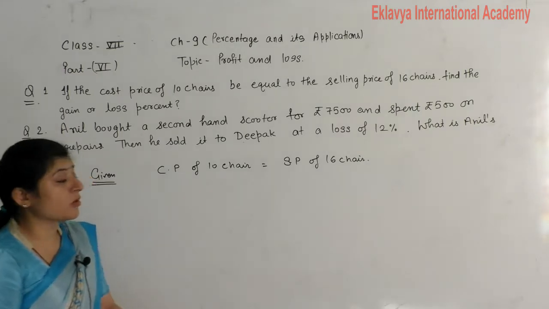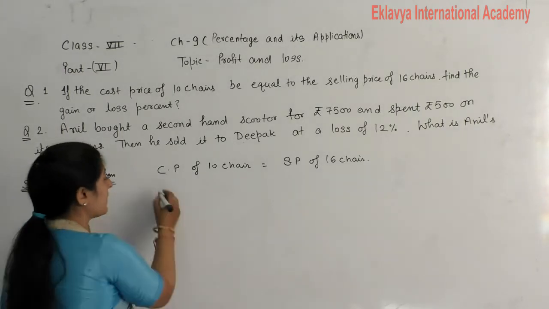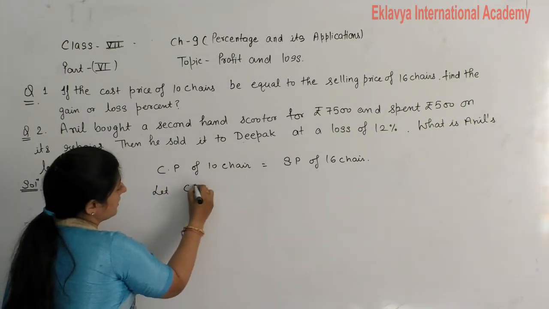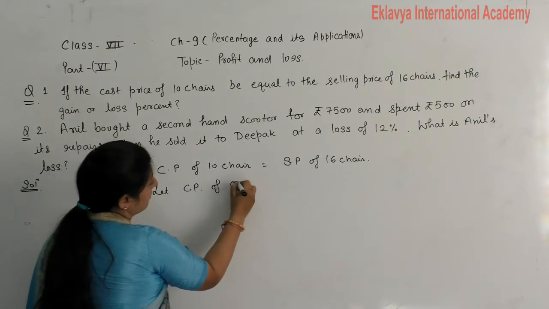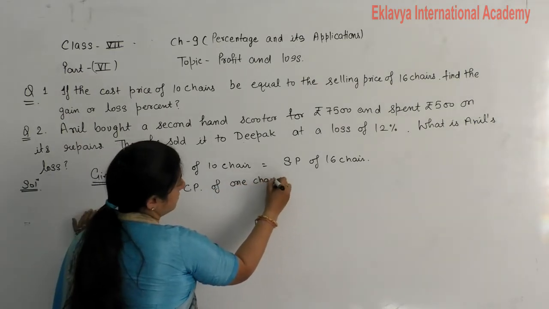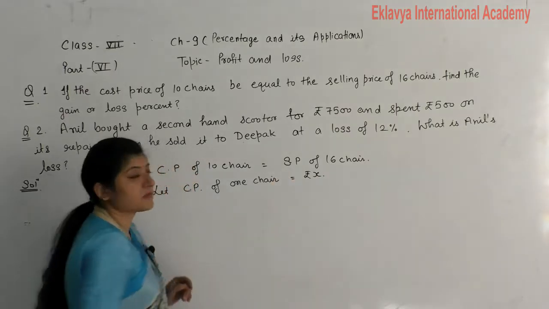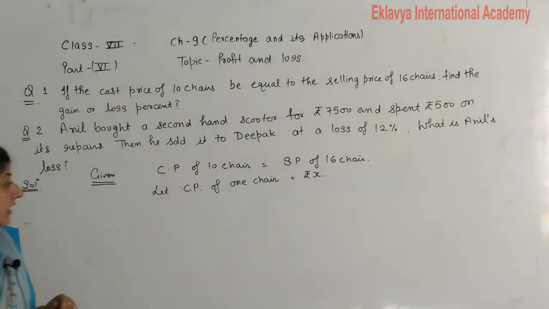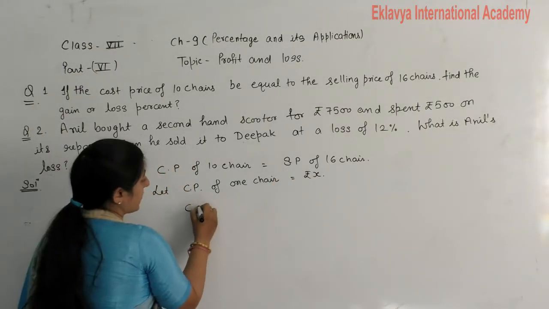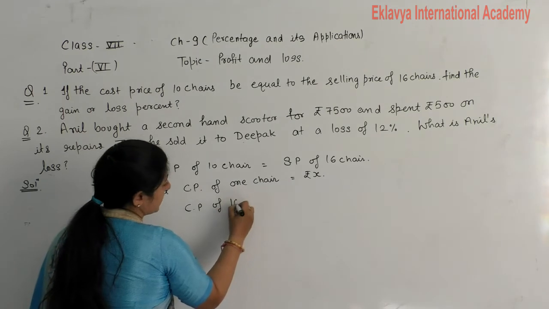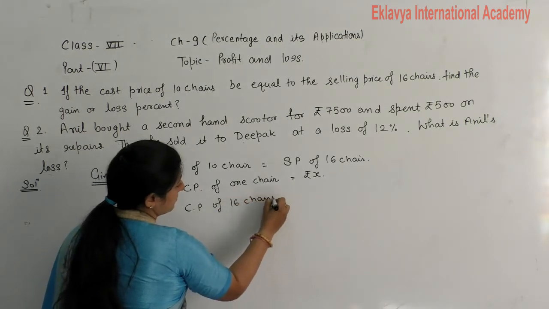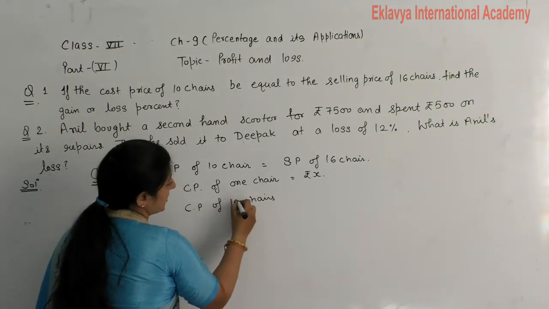So how to solve it? Suppose, let the cost price of one chair be rupees X. Then what is the cost price of 10 chairs?